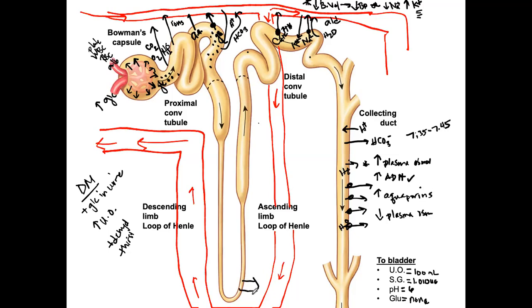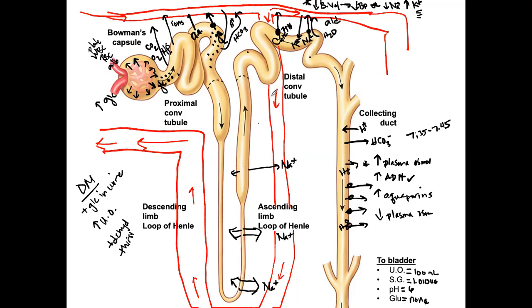So reabsorb a lot of sodium here, and it's active. Then we pull in a little bit less here, and then we pull in a little bit less here. And when I say pull it in, I mean in all areas, right? So we're actively pumping it from the ascending limb into the interstitium and ultimately into the bloodstream. Okay.